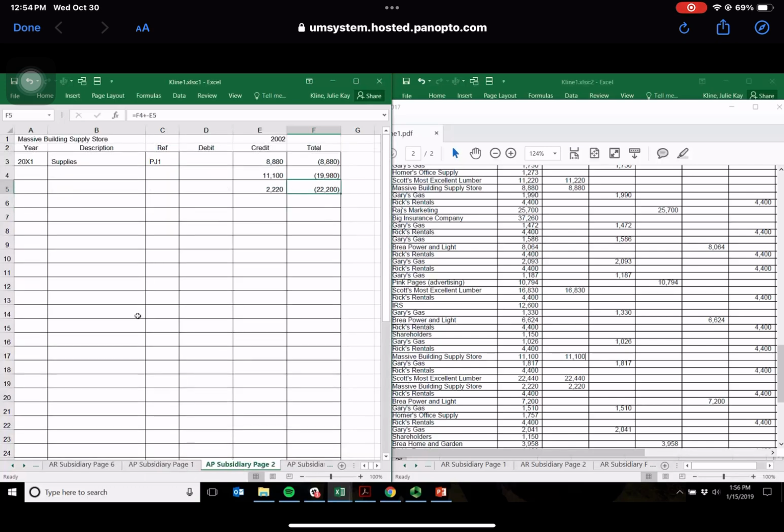All right, let's go over to Massive Building Supply. It looks like I didn't fully complete this. Hopefully you did. We have a 2001 payment, cash disbursements, and for Massive, 8,880.